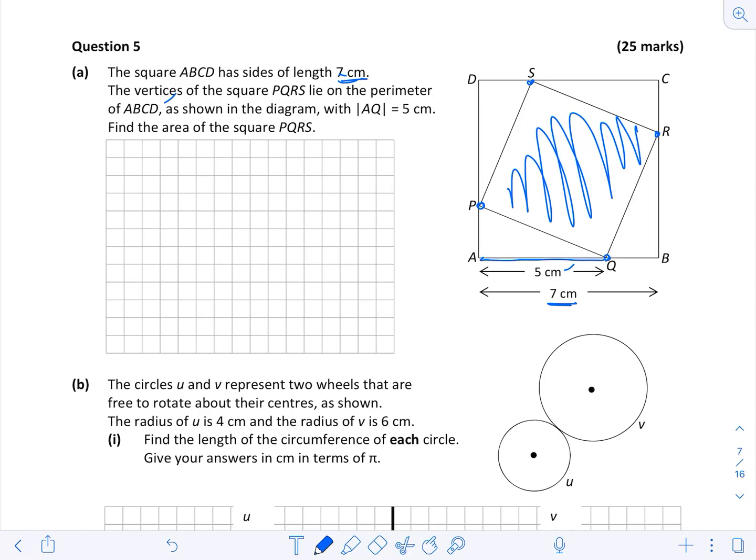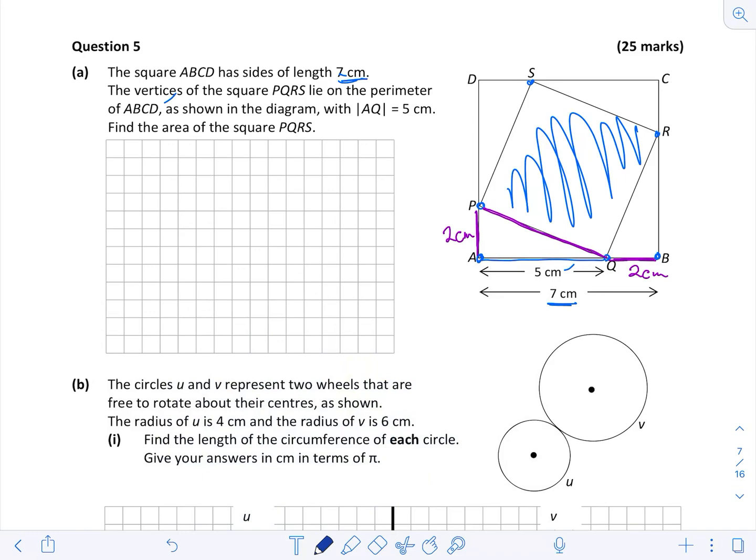So, because it's 7 from there to there, the distance in here must be 2 centimeters. Which means that distance must be 2 centimeters. Which means I can use Pythagoras' theorem to get that distance there.